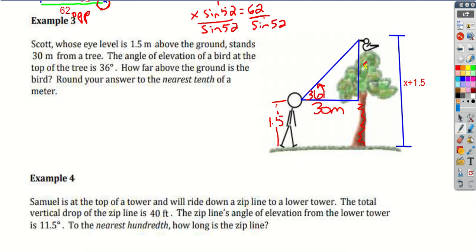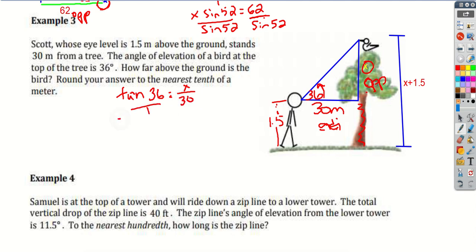Same stuff though. We're looking for x here. So this is the opposite side. There's our adjacent. So we're going to use TOA, O over A. So formula time: tangent of our angle, which is 36 degrees, is equal to the opposite side, which is x, over the adjacent side, which is 30.